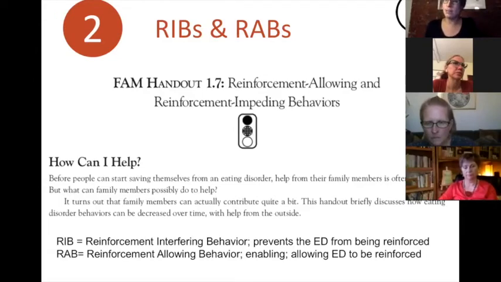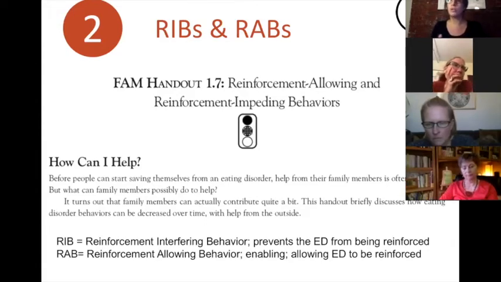So every time a purging episode happens, a person gets further entrenched in the disorder because they are negatively reinforced through the reduction of anxiety, guilt, disgust, shame, feelings of fullness, thoughts about having an eating disorder, etc. So the more someone engages in these behaviors, the more they're reinforced, negatively or positively, depending.